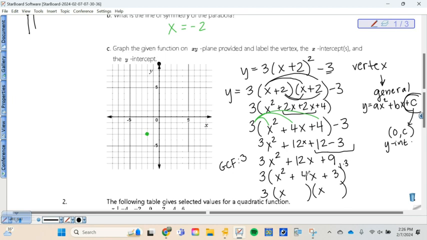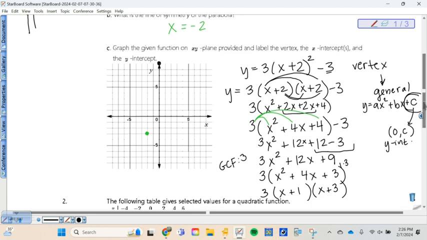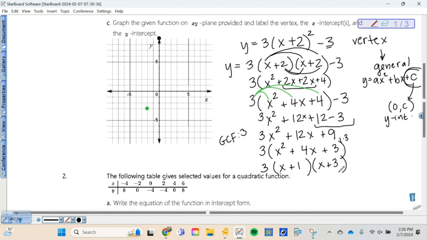And can I use 1 and 3 to get to 4? Yeah, just a positive 1 and a positive 3, right? So then that tells me where my x-intercepts are. Where are my x-intercepts? -1 and -3 are my x-intercepts.